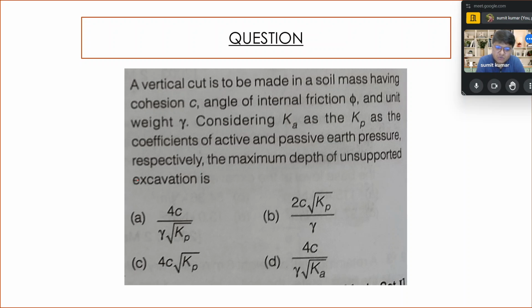So you know, for the active earth pressure Ka, the maximum unsupported depth is 4C by gamma root Ka. We have done this many times. We have also derived it in this class in the different problems. So option D is the correct answer. I am not going to discuss it again over here. See, option D is there. We have derived this in this section only.